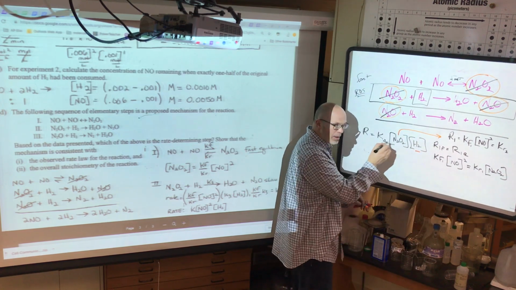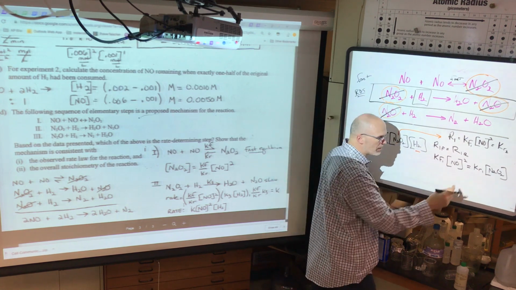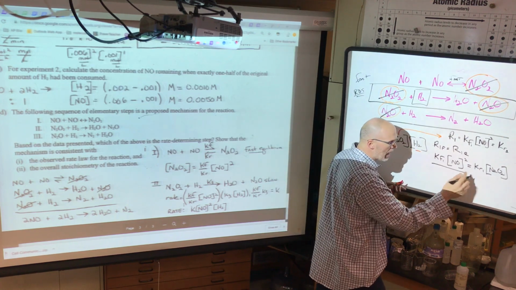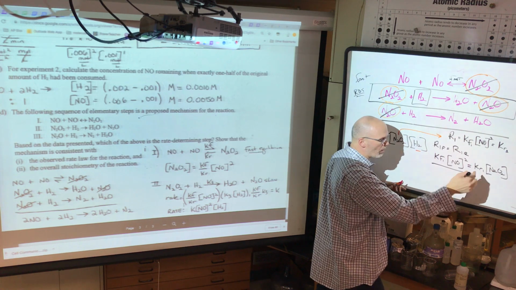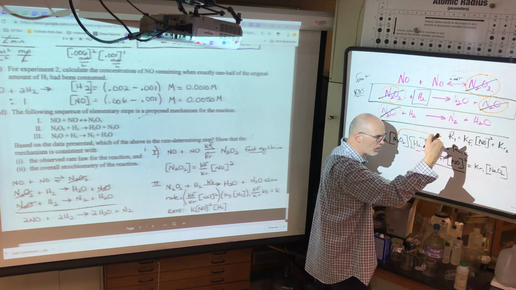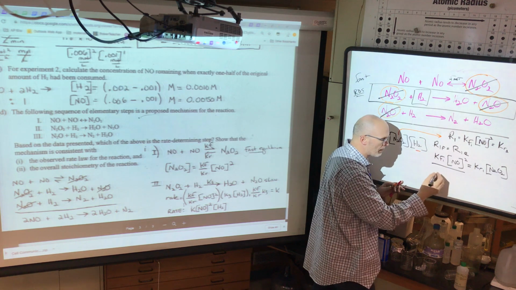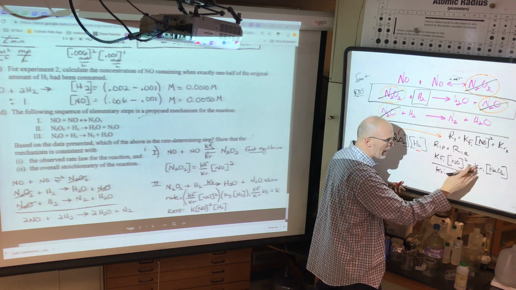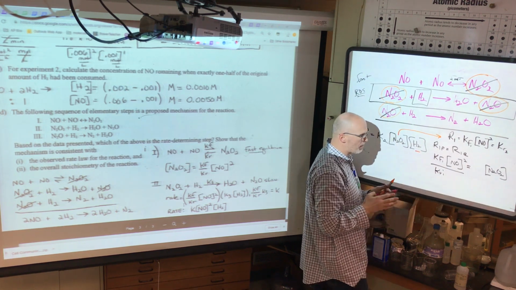I want to solve for N2O2. So when I solve for N2O2, I'm going to divide by kr1, the reverse rate constant for the first step. Just doing algebra. And there I go, party people.